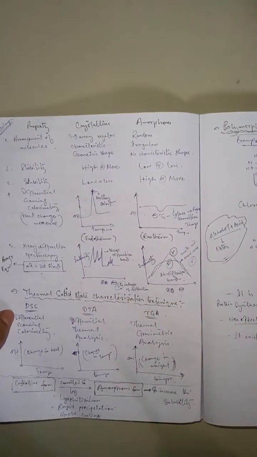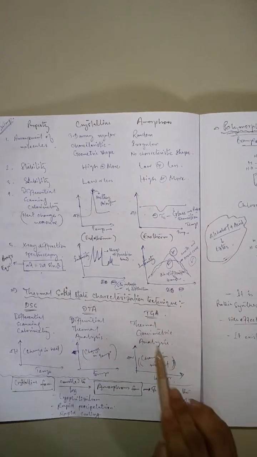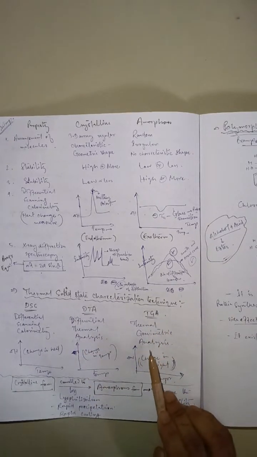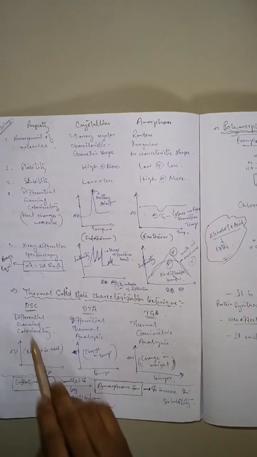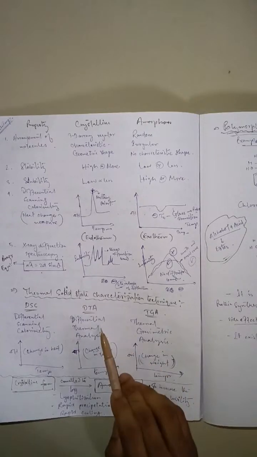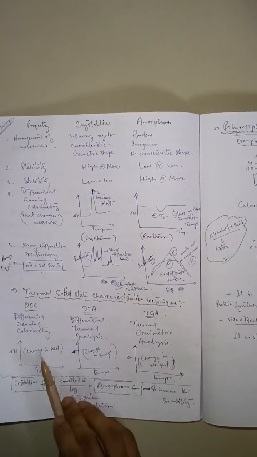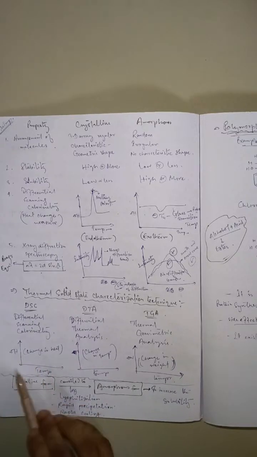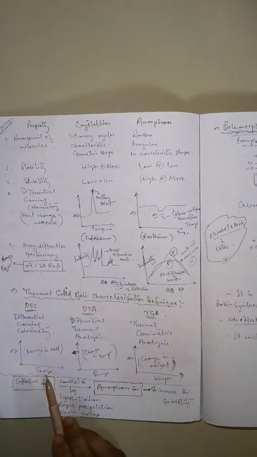DSC means differential scanning calorimetry, DTA means differential thermal analysis, and TGA means thermal gravimetric analysis. In differential scanning calorimetry, the graph will be between change in heat (enthalpy) and temperature.